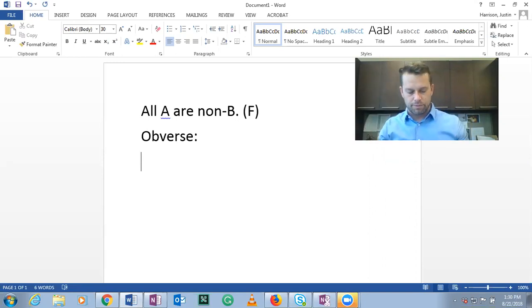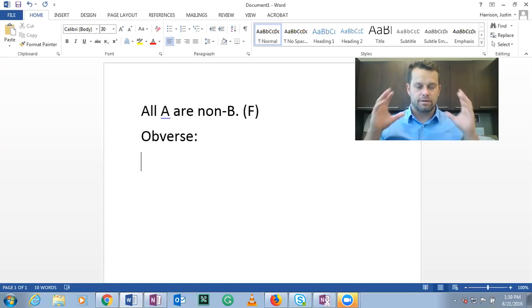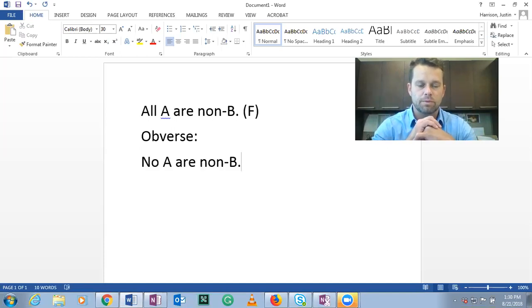So how do we do that? Well, if we were to just change this to an E form statement, it would be no A are non-B. So that is changing the quality of the statement without changing the quantity. But the thing about the obverse is that's only step 1. So step 1, change quality. Step 2 is you change the predicate to its class complement. So we already have no A are non-B. It would be technically to change it to no A are non-non-B.